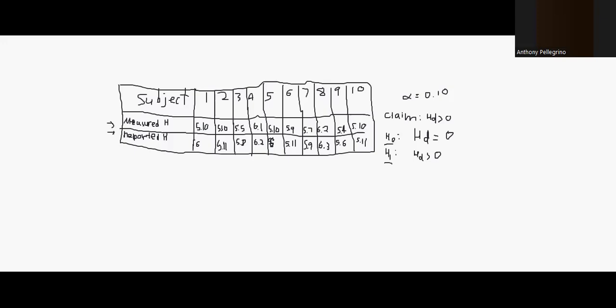So the last piece of information we need to find the test statistic is the standard deviation, which is 0.67495. And to check your work, you can enter the differences into the L1 column, then go to stat, calc, enter 1 var stat, and you will see the mean differences and the standard deviation.